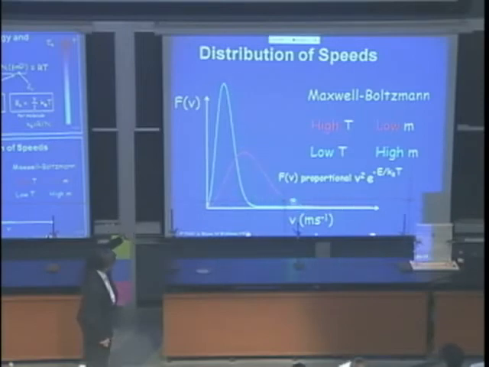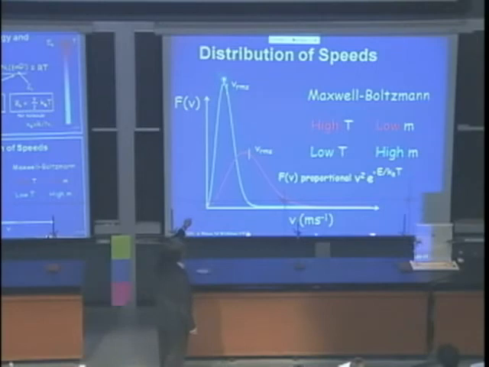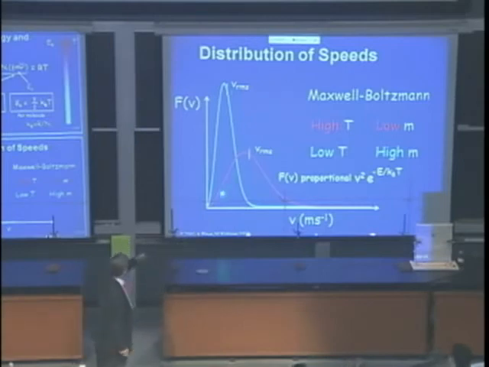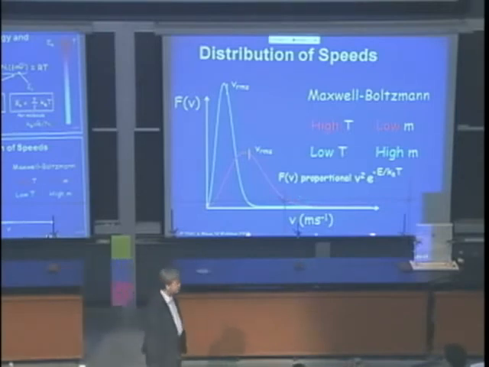And you see especially here, there's a lot more distributed with higher speeds. And the root mean square speed is not essentially the center, it's here on the side, but just for completeness, this would be the root mean square speed. And with this, you have now a high temperature situation or a very light particle, okay? This is how you get these distributions of speeds.